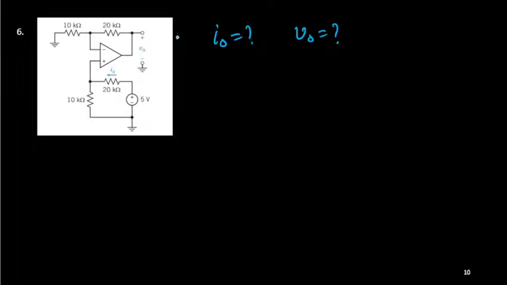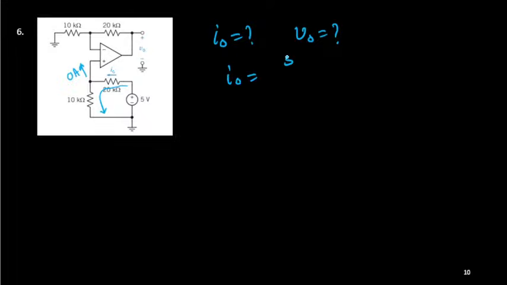So here the thing is that no current is flowing to this side. This is 0 ampere. That means I naught, the same current, is flowing to this side. So this is one closed path, and the same current is flowing here. So a 5 volt source is there, 20k is there, 10k is there. So easily you can find the current.